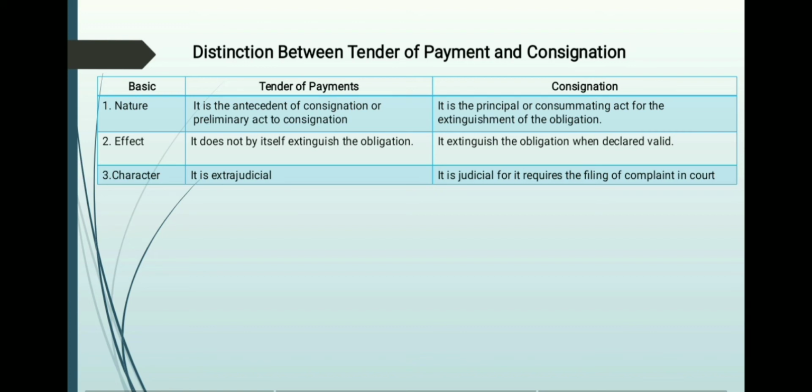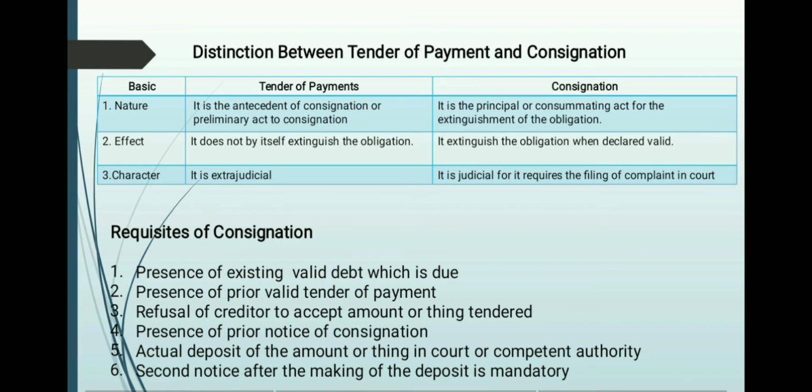Effect: tender of payment does not by itself extinguish the obligation; the consignation extinguishes the obligation when declared valid. Character: tender of payment is extrajudicial, and consignation is judicial, for it requires the filing of a complaint in court.